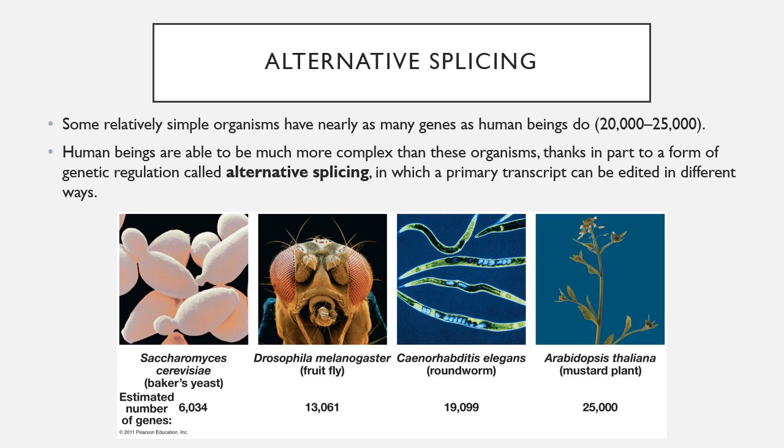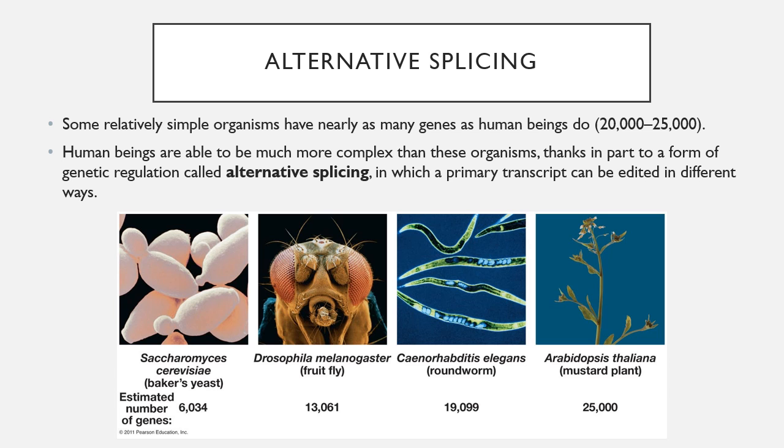Now, different introns and different exons can be removed and left depending on what protein needs to be made, so you can cut out different segments. A simpler organism tends to have less extra DNA, and so it's read straight through with not as much being cut out of it.